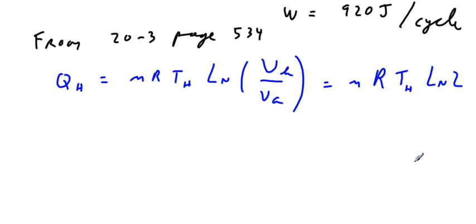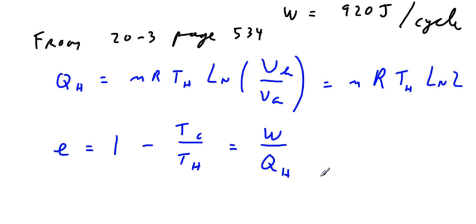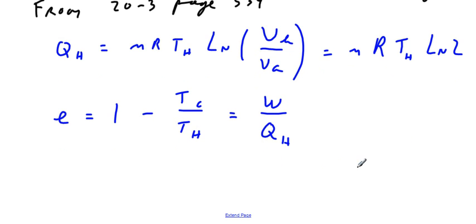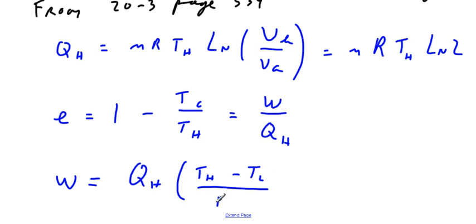Since this is a Carnot cycle, we know that the efficiency e is equal to 1 minus T cold over T hot, which is also equal to work over QH. We know that's the case. So from that, we can calculate that work is equal to QH times T hot minus TL over TH.